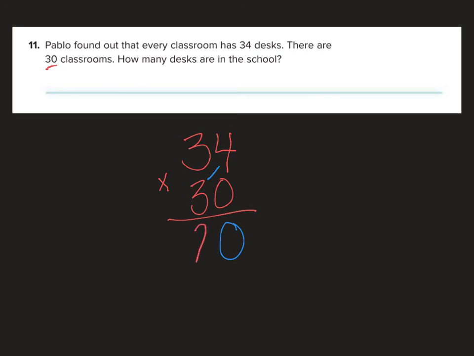So my ones place goes down from the number 12, and my tens goes up above the 3. Then 3 times 3 is 9, plus 1 more is 10. So my total is 1,010. Oh, 20. Sorry, I should look at what I wrote. 1,020 desks.